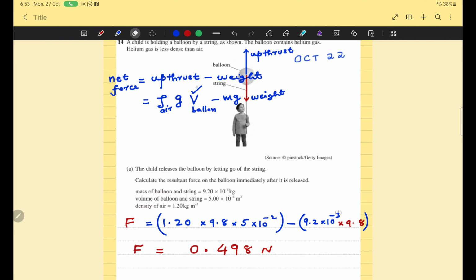Upthrust acting upward, weight acting downward. We have to calculate the resultant force, and the resultant force only just after it is released.